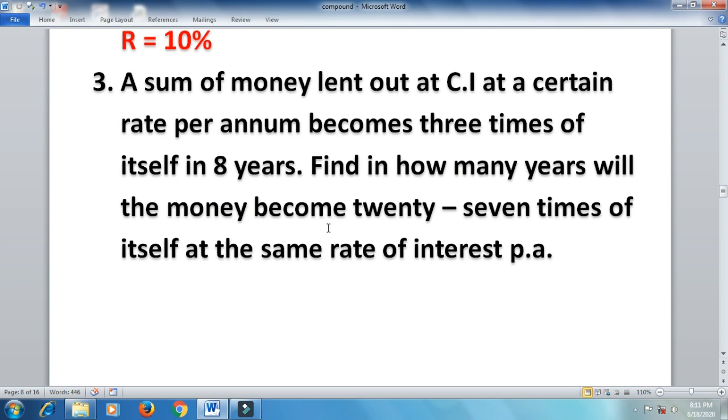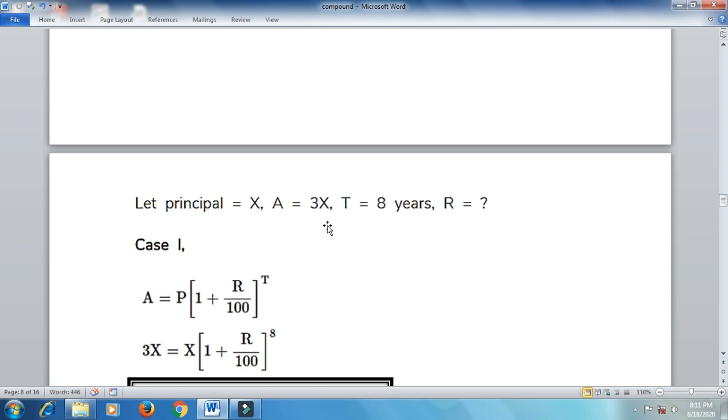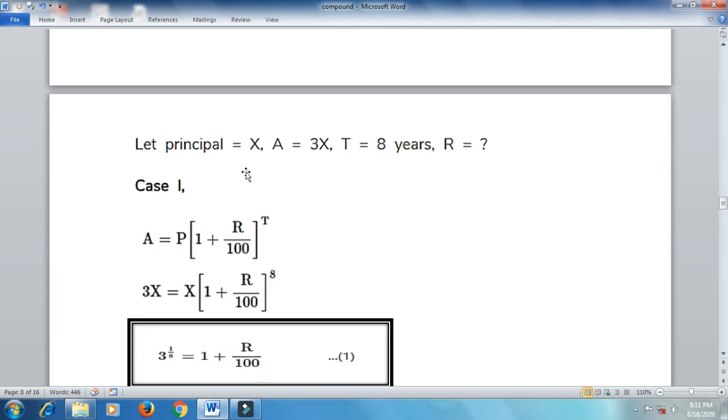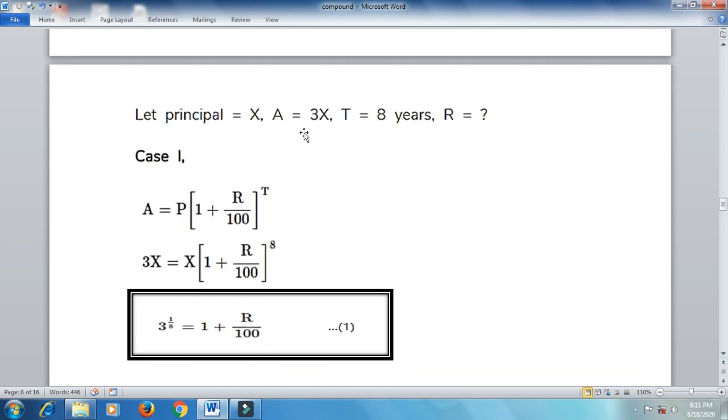Let us consider the first situation. In case 1, let us take the principal as x, and the amount is 3 times x, that is, 3 times the amount invested. The number of years is 8.